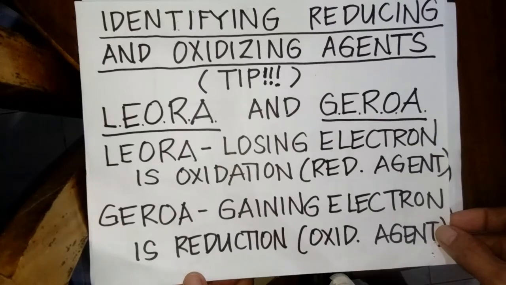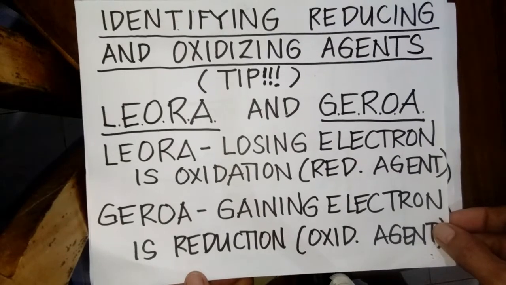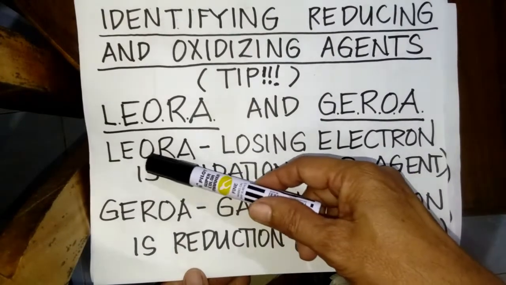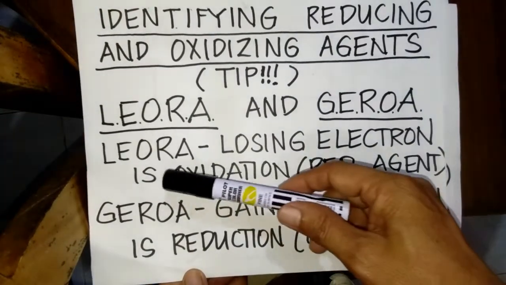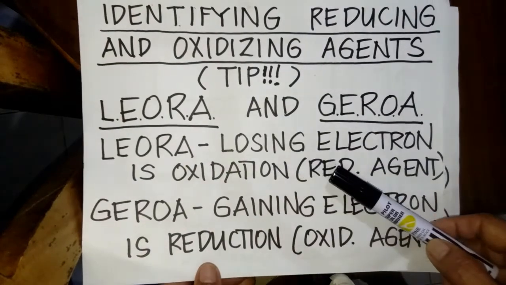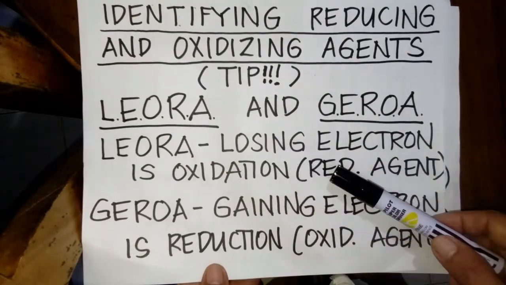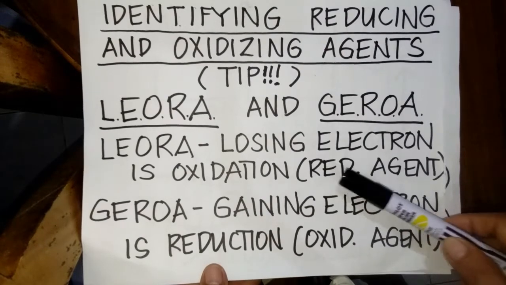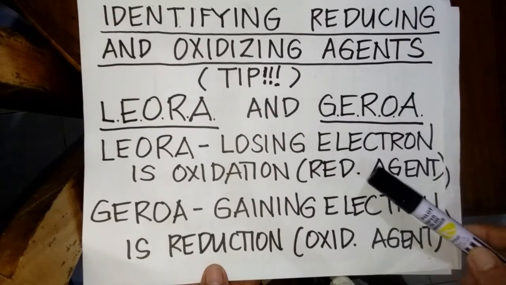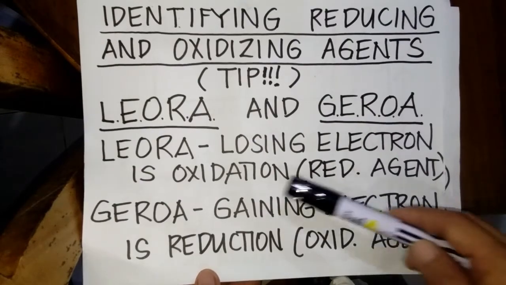We have the LEO and GER acronym. LEO means L stands for losing, E electron, O oxidation. So if it is oxidation, the element, or the compound in the reactant, will be the reducing agent.